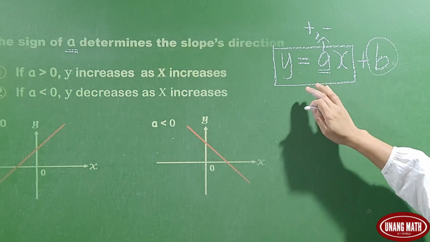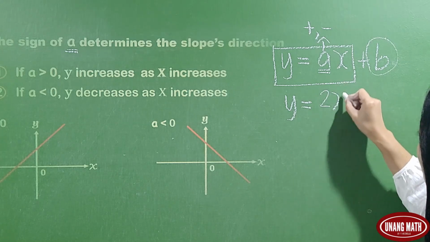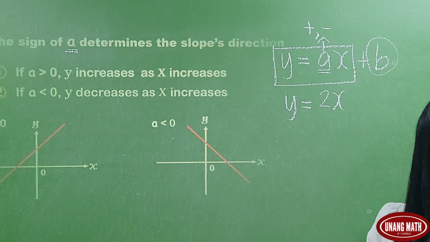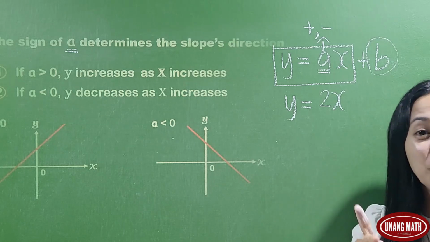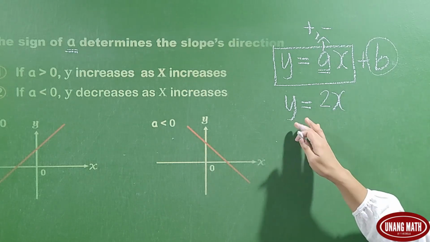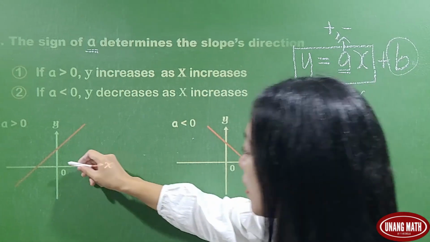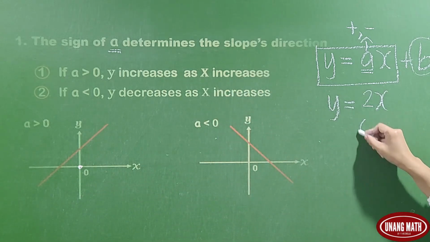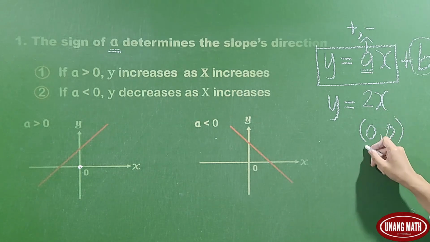Okay, let's give a specific function. We have here y is equal to 2x. Let's graph this function. In order to graph this function, we need at least 2 points. And we already know that this function's graph passes through the origin. So our first point's coordinates are 0, 0. We need one more point. Let's say x is 1.